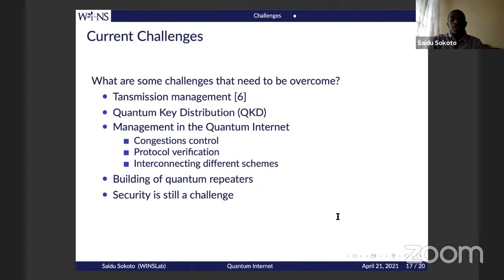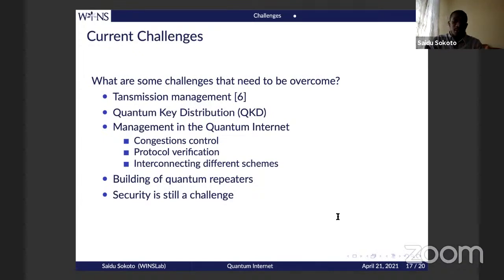There's still room for research. Standardization still hasn't been achieved, and a host of other issues. Management in the quantum internet, how will we deal with congestion in the quantum internet? The protocols being proposed, how are we going to verify them? Do they work as claimed? Interconnecting different schemes is also an issue.